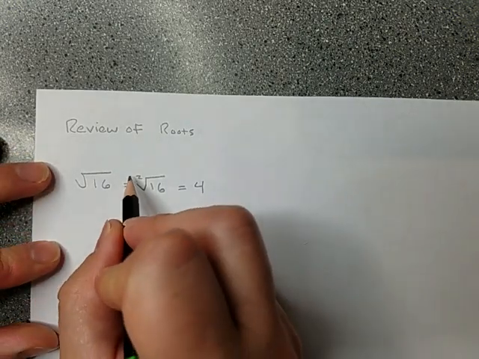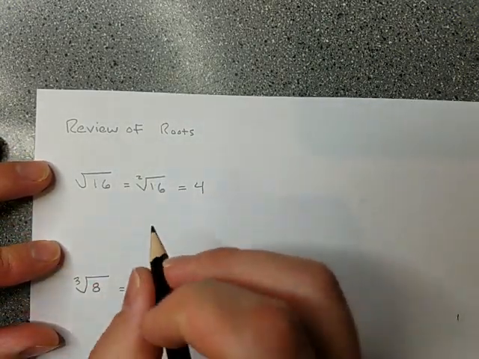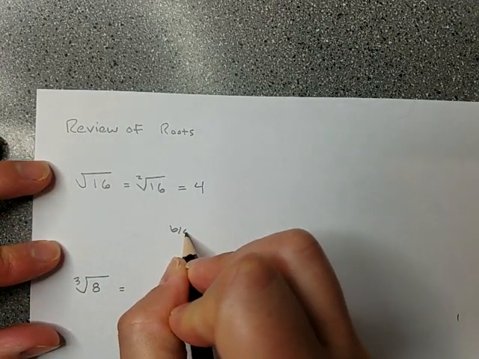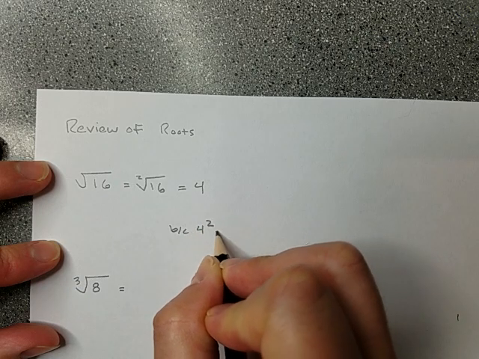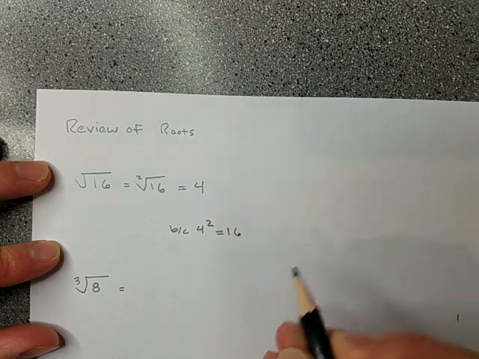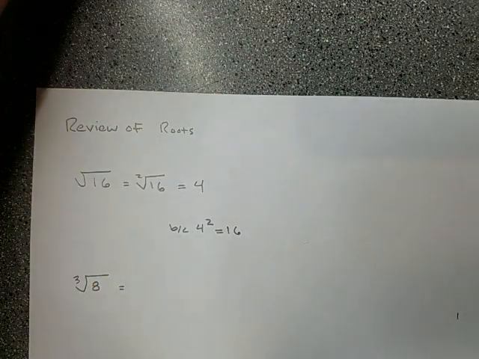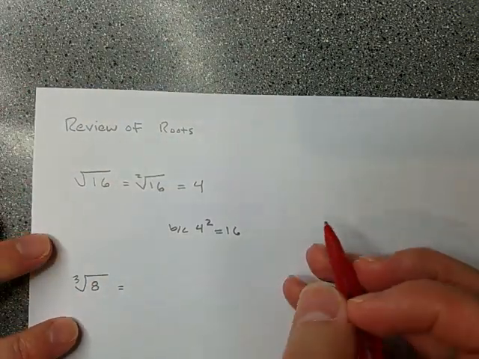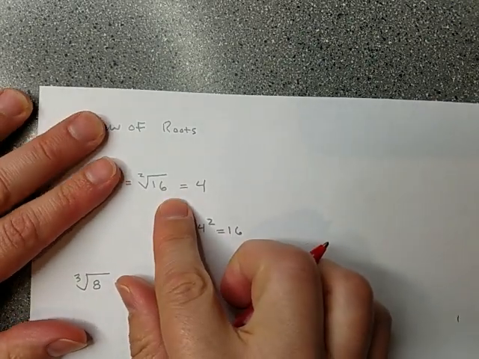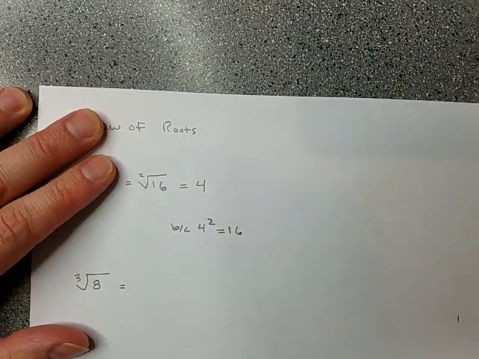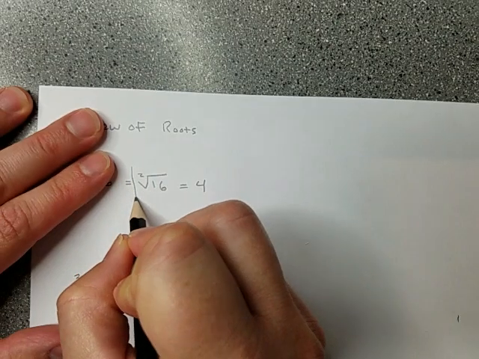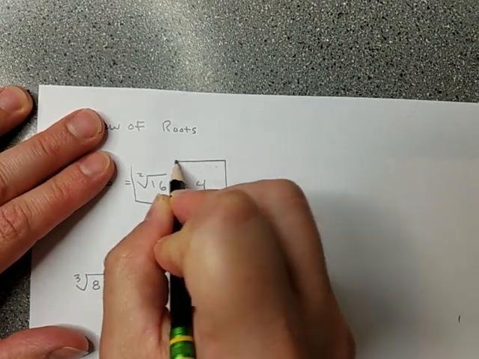Now, I want to give you a reason for that, of course. I'll say because 4 squared is equal to 16. All right, there's my reason. That's why the square root of 16 is 4. And I want you to notice there's a kind of a pattern here. For any of these statements, let's say this is a true statement right here: the square root of 16 is equal to 4.